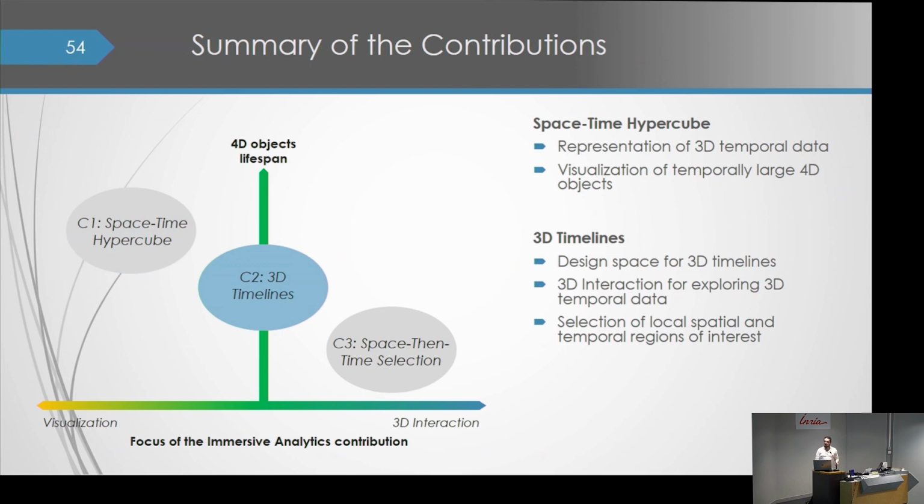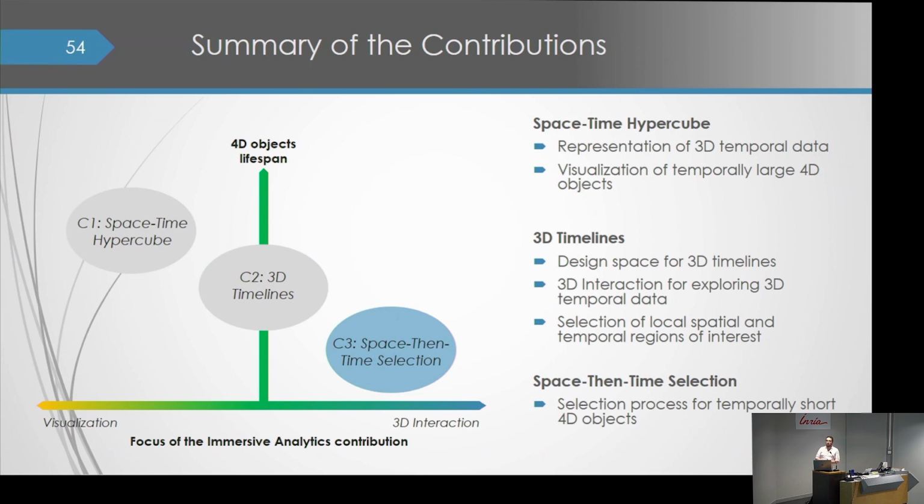Then we proposed a design space for 3D timelines that could create expressive visualizations for 3D temporal data, and we proposed 3D interaction to support the exploration of this temporal data in order to be able to select local spatial and temporal regions of interest.